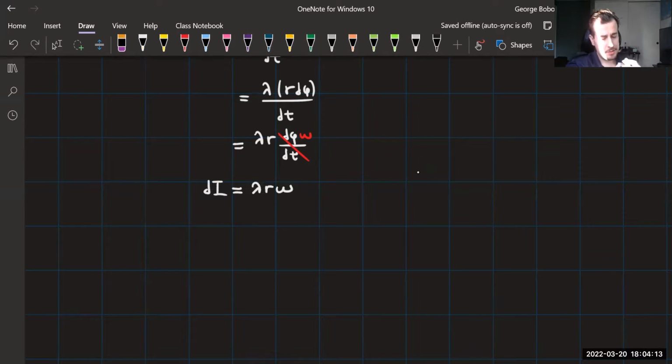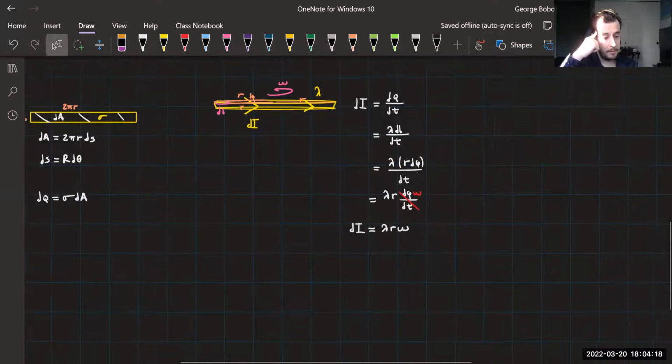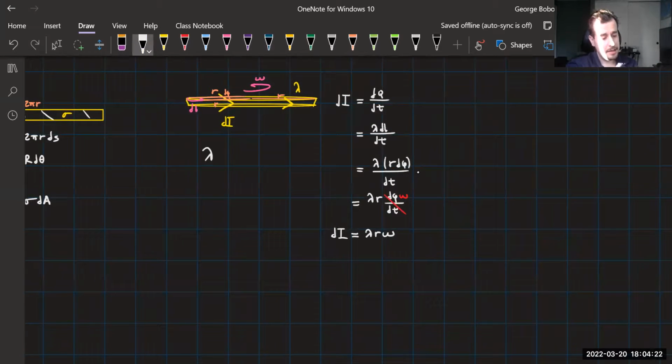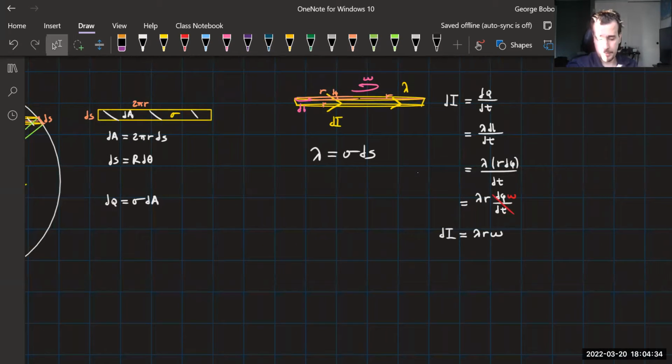But I don't know what lambda is. However, I remember from the electric field chapter that lambda is related to sigma. How? They were related by a multiplication, if you remember. This might ring a bell.